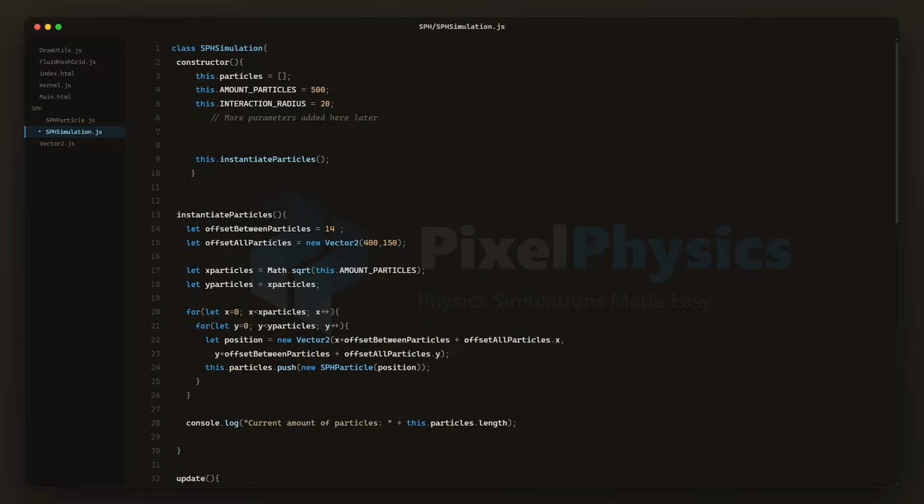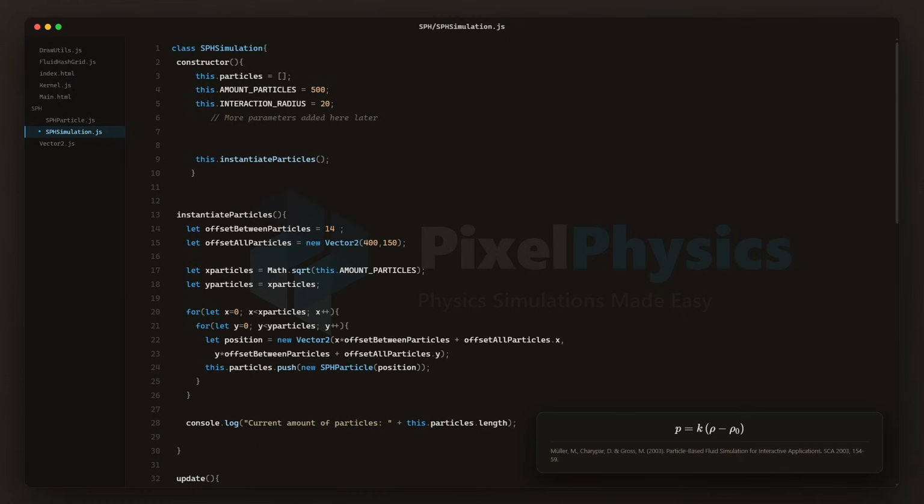Okay, so let's jump to the code. First, I want to show you the linear equation again. Same equation of state we just had. Pressure is the density minus the rest density times a constant K, and this is the linear one, and this is what we are comparing against.